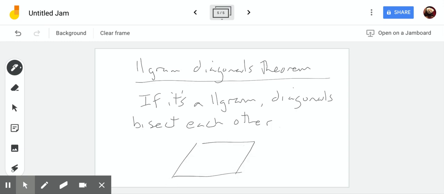Here's our parallelogram. And here are our diagonals. So we'll call this point E. So BE and ED are going to be cut in half or be congruent, and AE and EC are going to be congruent. So the diagonals bisect each other.